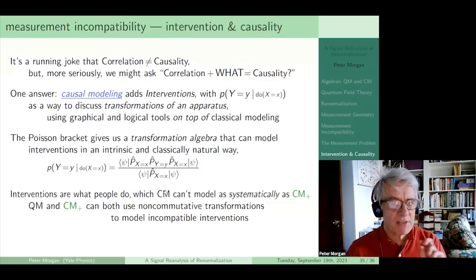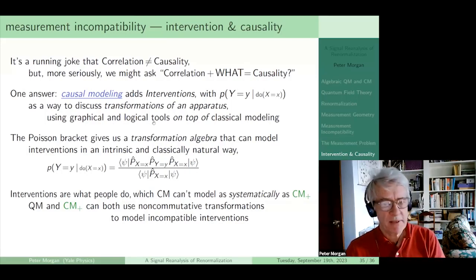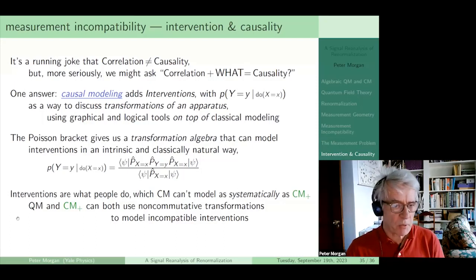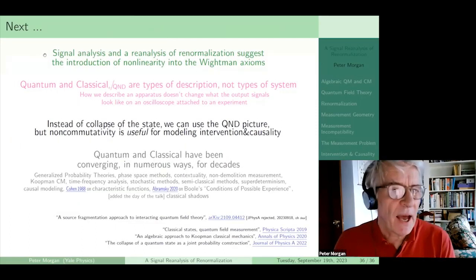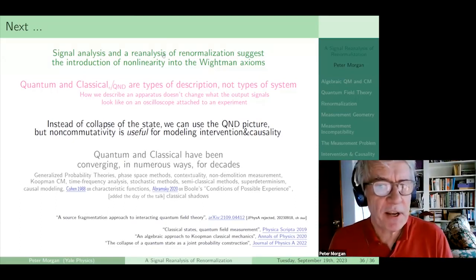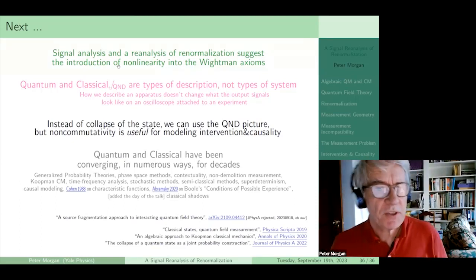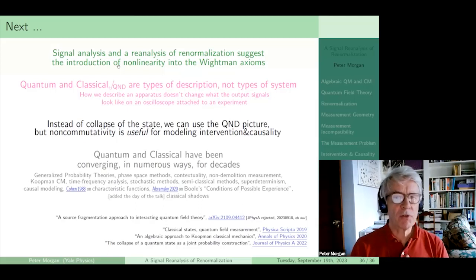Now, classical mechanics can model these things by adding graphical and logical tools on top of itself, but classical mechanics can do it in a nicely systematic way that is at least sometimes going to be appropriate, just as quantum mechanics is very often appropriate. So, I've argued that signal analysis and a reanalysis of renormalization suggests a particular introduction of nonlinearity into the Wightman axioms.